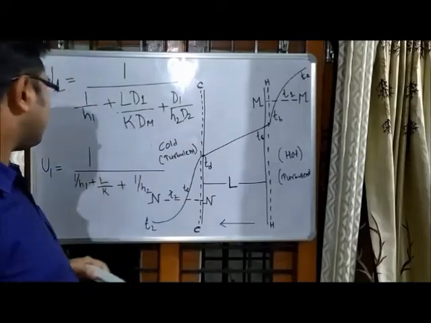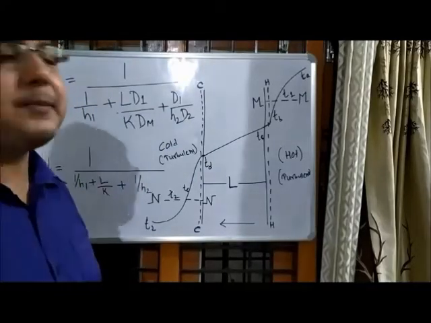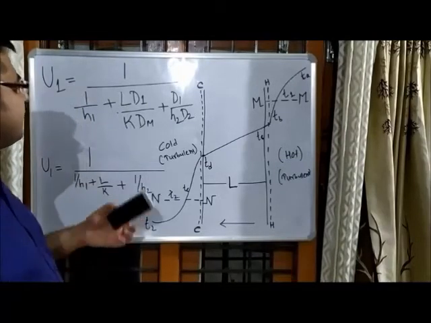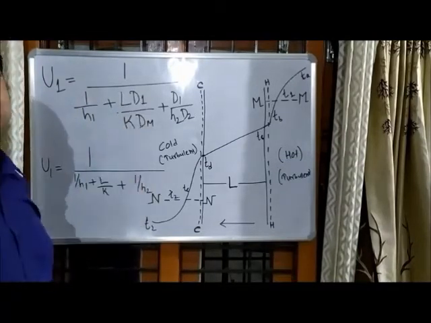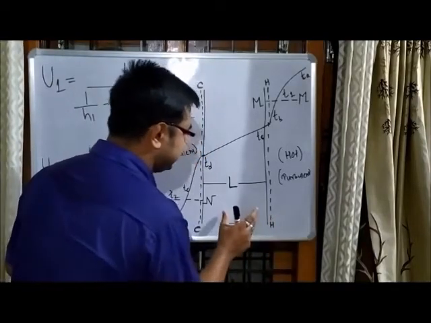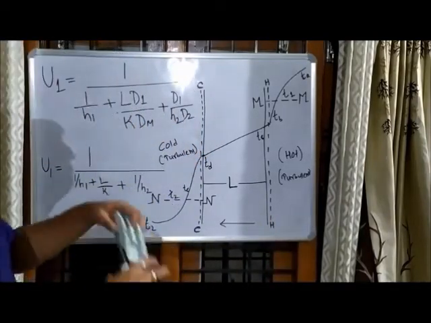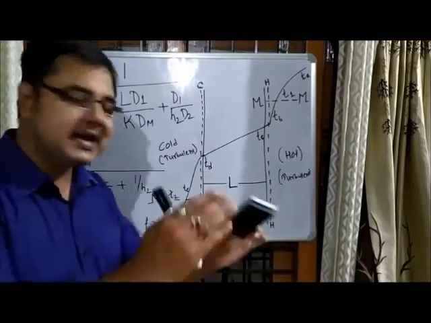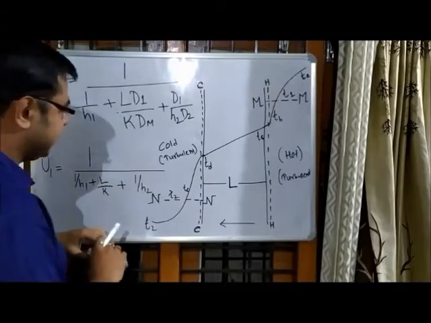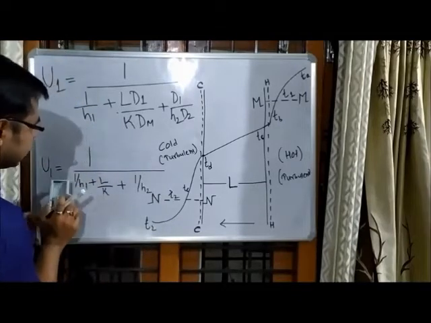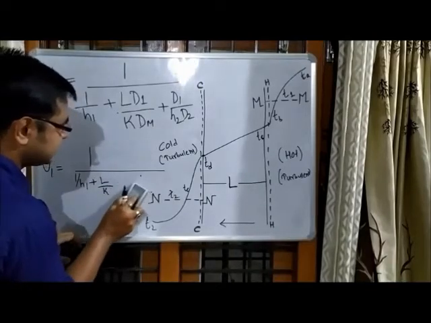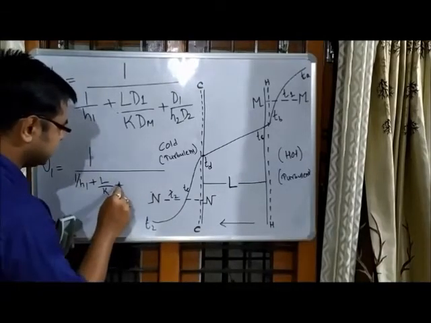Right? Now for some cases, suppose the ratio of D1 by Dm is negligible, very less, then this equation can be modified in this particular way. So don't get confused, I am writing this one more time.